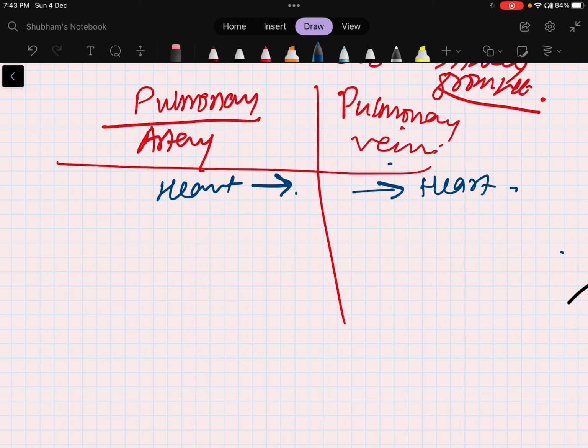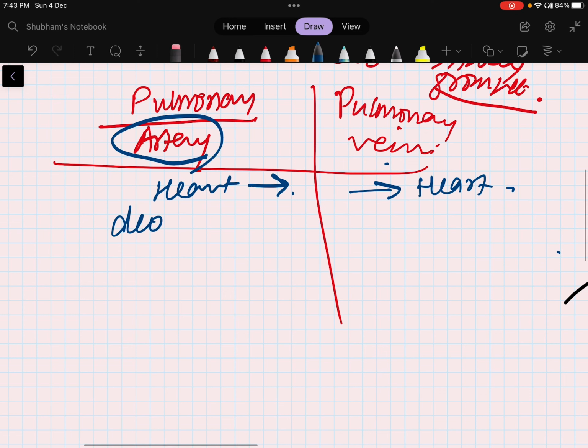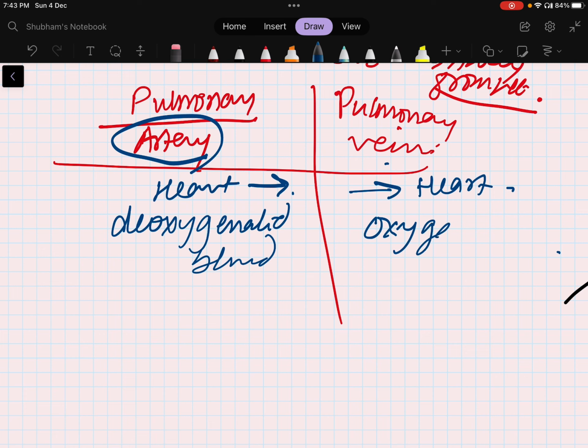That's why, even though this one has deoxygenated blood and this one carries oxygenated blood, this should be the artery, but no, we do not differentiate artery and vein depending on the type of blood it carries.